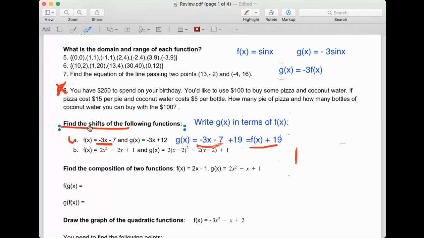You can think this way, or we can think this way. Talking about shift of functions is picture-wise, to see from the graph. Talking about writing one function in terms of the second function, that's algebraic-wise.